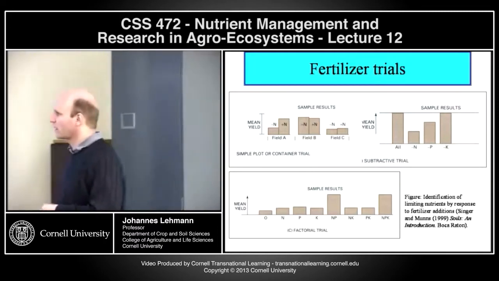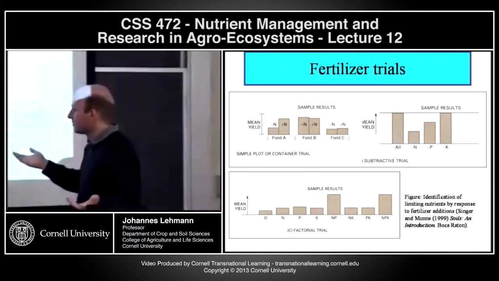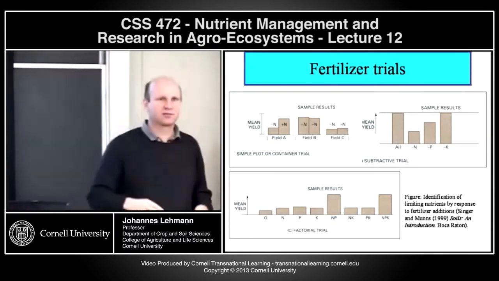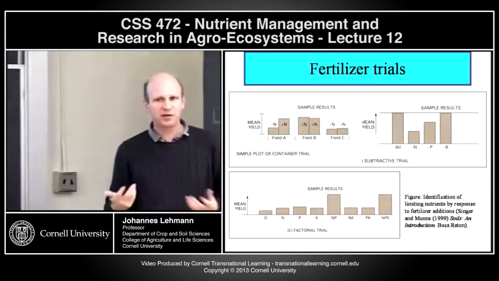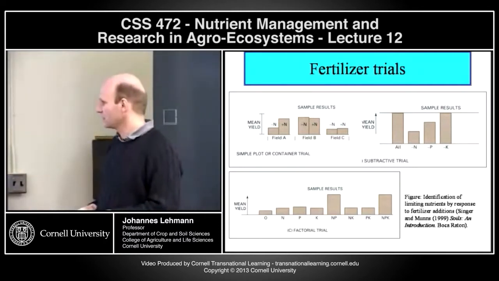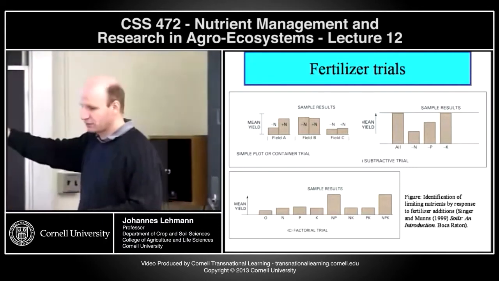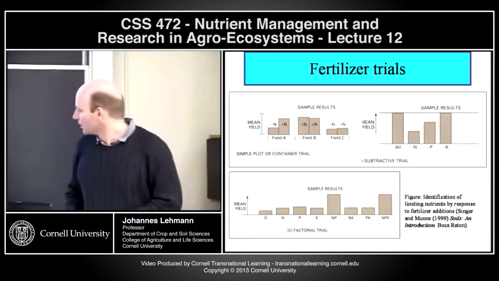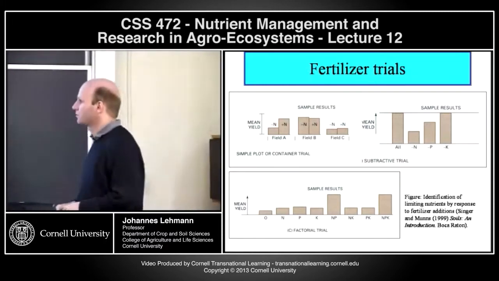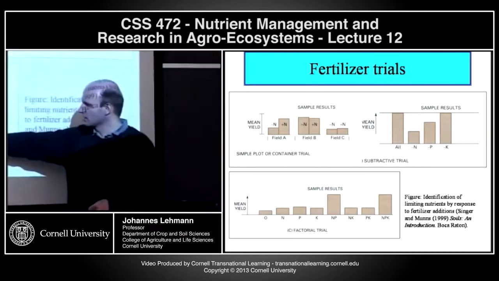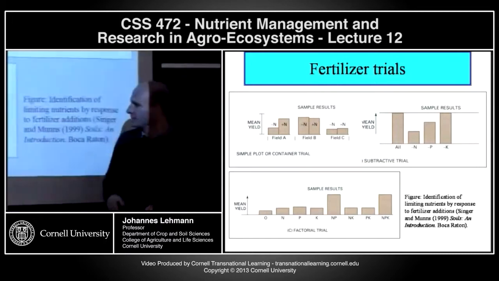That way you just record yield, just record biomass growth, maybe even only height or counting the grains. So it's a very easy way of assessing soil fertility, and in many circumstances a very effective way, superior to just foliar analysis and nutrient analysis in the soil without a trial.